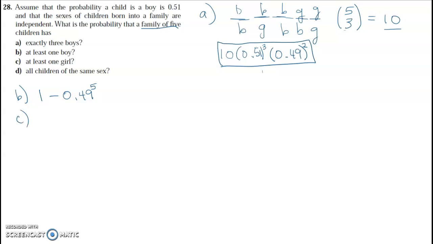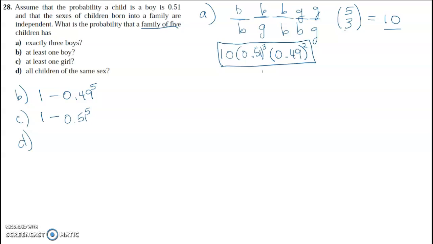C is pretty much the same concept: it would be 1 minus the probability of having all boys. So that would be 0.51 to the power of 5, whatever that number equates to. That's the solution for C. Alright, so part D, the last one, all children of the same sex.